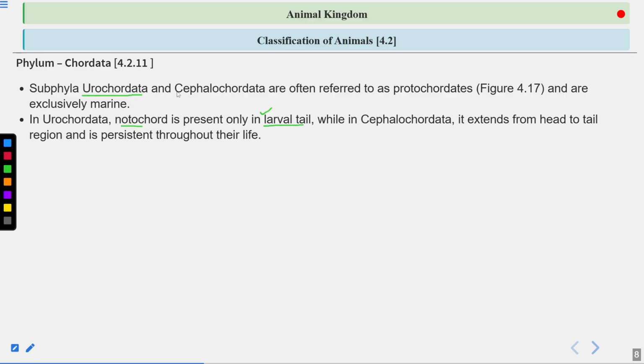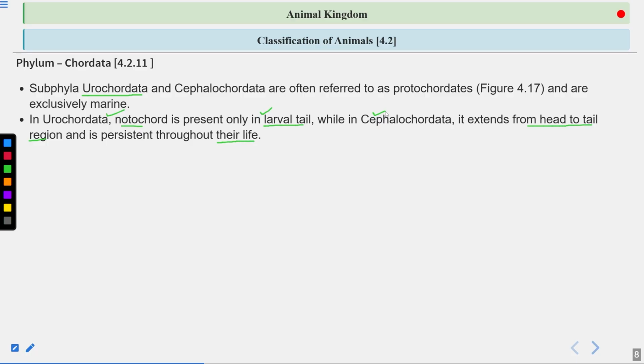While in the next subphylum, Cephalochordata, it extends from the head to the tail region and is persistent throughout their life. So you can see a great difference between Urochordata and Cephalochordata on the basis of the presence of notochord.